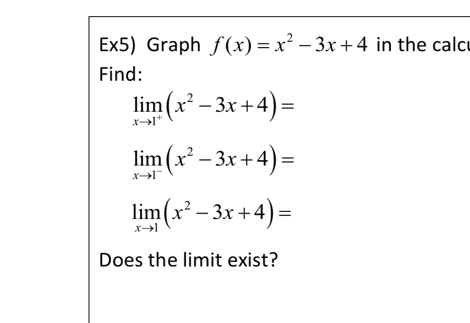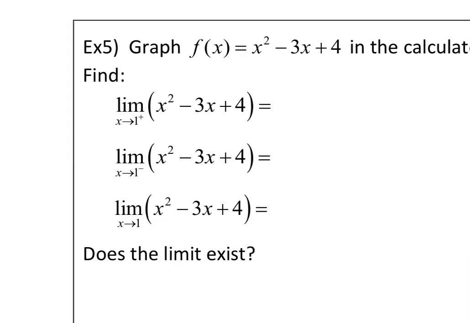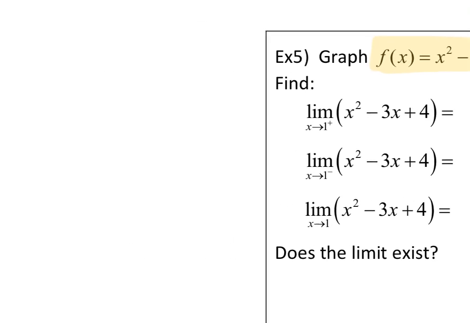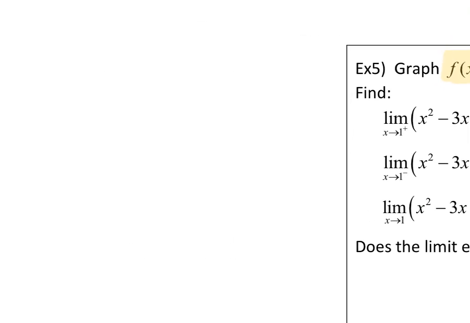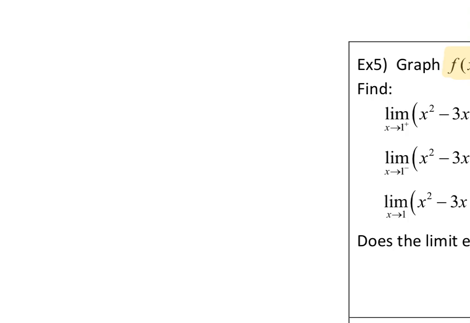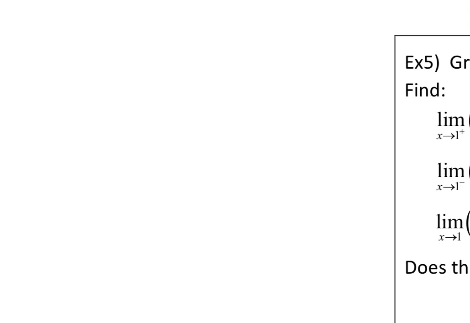So we'll start with this problem. Go ahead and type the function x squared minus 3x plus 4 into your calculator, and then create a table. You remember that we're going to have 6 lines on the table.